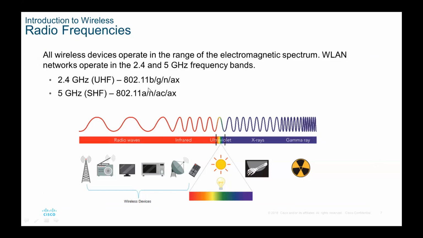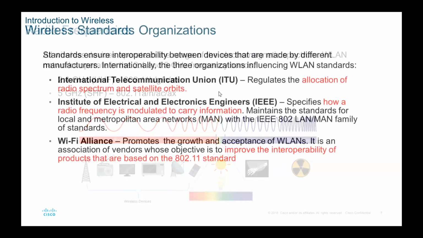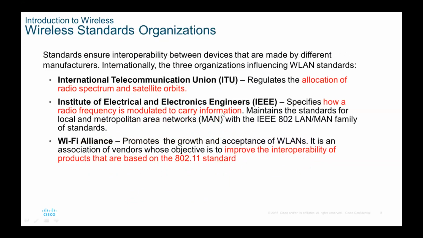So all the wireless devices operate in the radio waves frequency, and these are the frequencies at which the IEEE 802.11 standards operate, either in 2.4 gigahertz or in 5 gigahertz. That is ultra high frequency or super high frequency. Now, to govern all these devices that are manufactured by different vendors, there are different organizations.